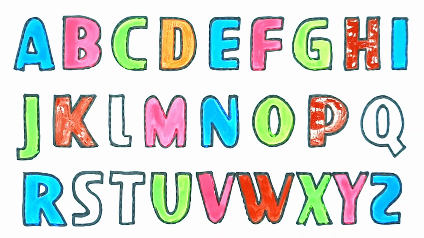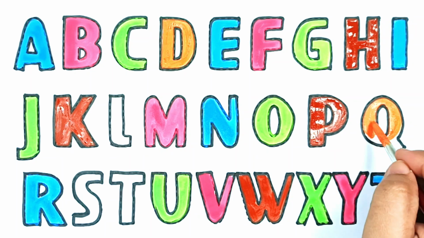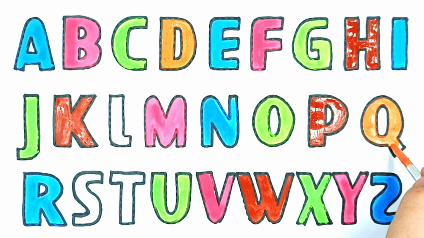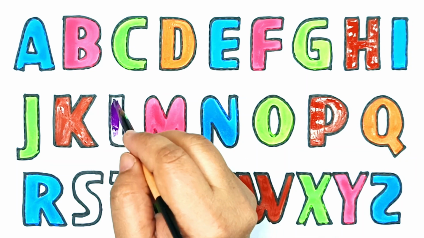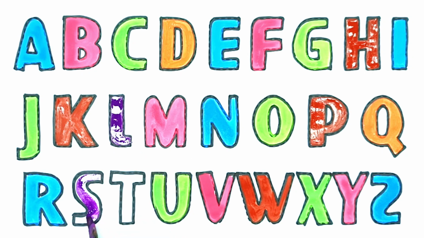D for doll. Q for queen. L for lamb. S for star. T for train.